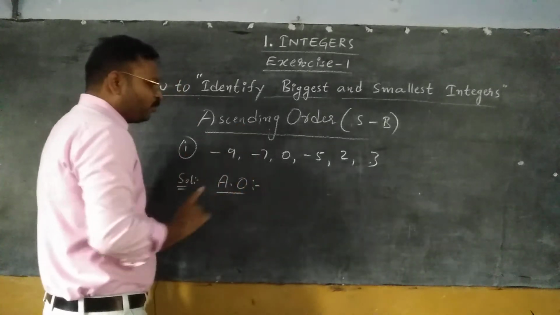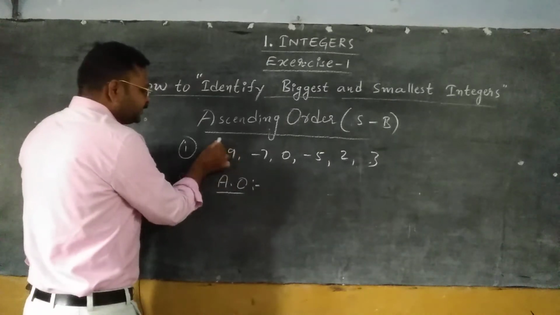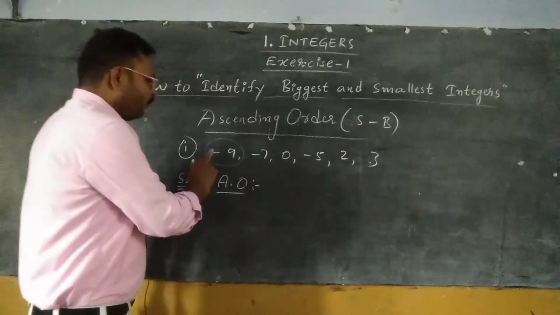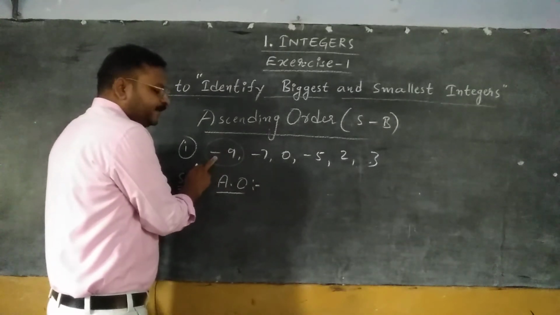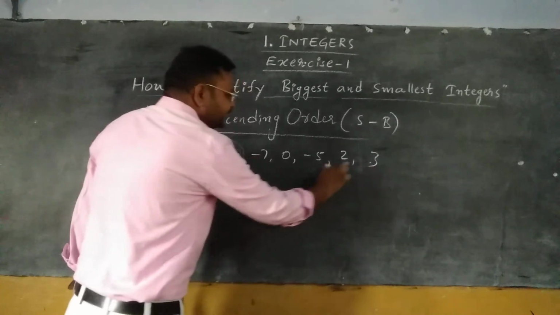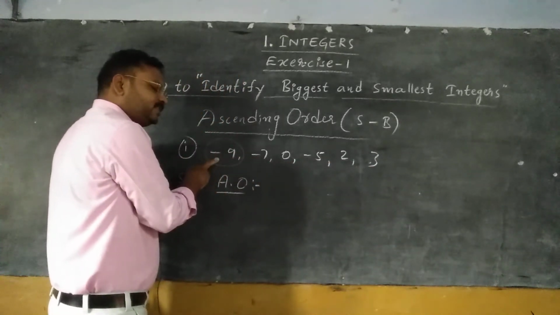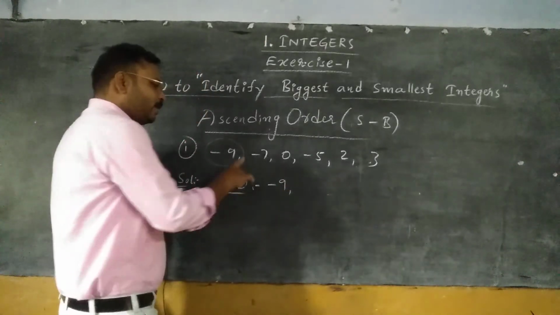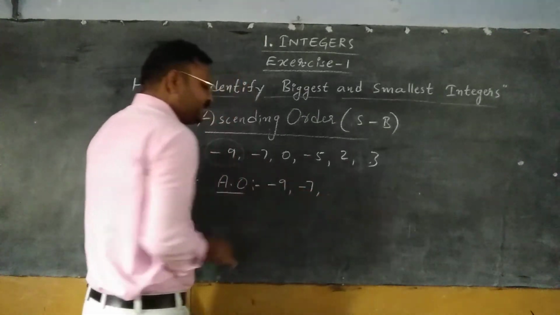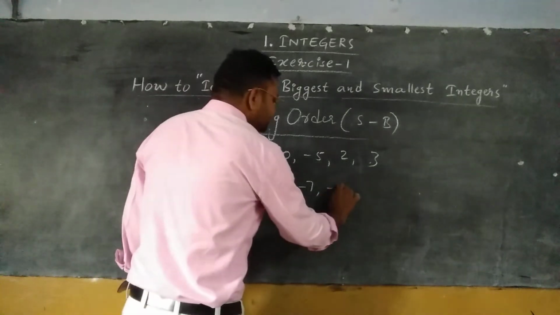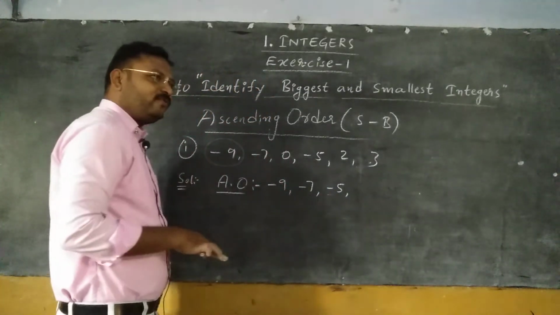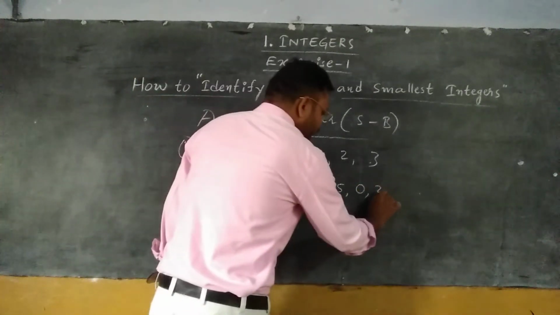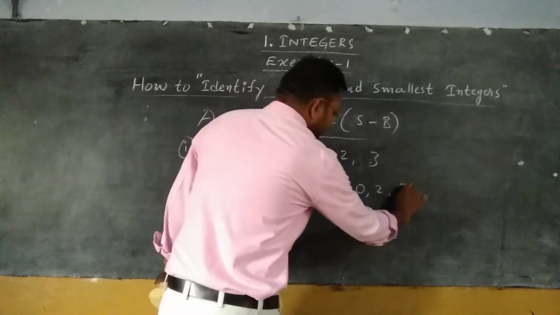The first is -9, because -9 is on the left side of all these integers. After -9 comes -7, after -7 comes -5, after -5 comes 0, after 0 comes 2, and after 2 comes 3.